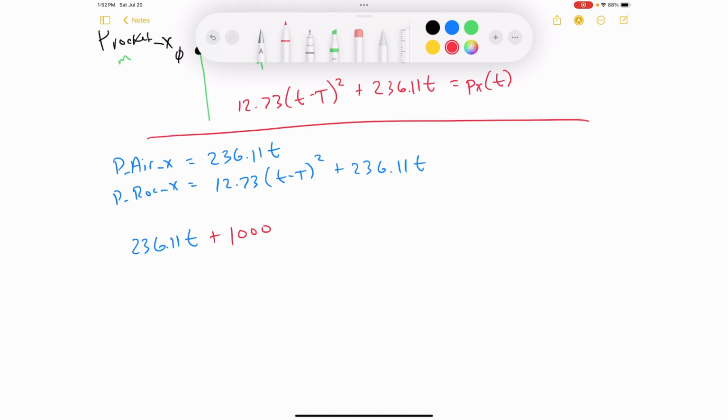We're going to say 236.11 t plus an additional 1,000, so that's for the airplane. Where does it equal? 12.73. This is the rocket. 12.73 little t minus big T squared plus 236.11 t. And so there we go. We have a function.